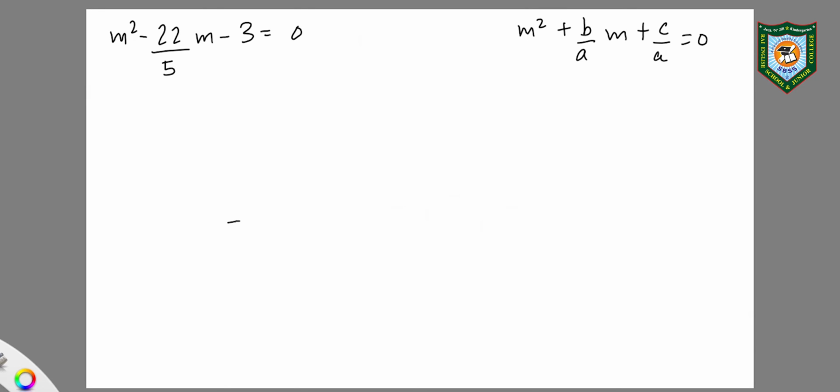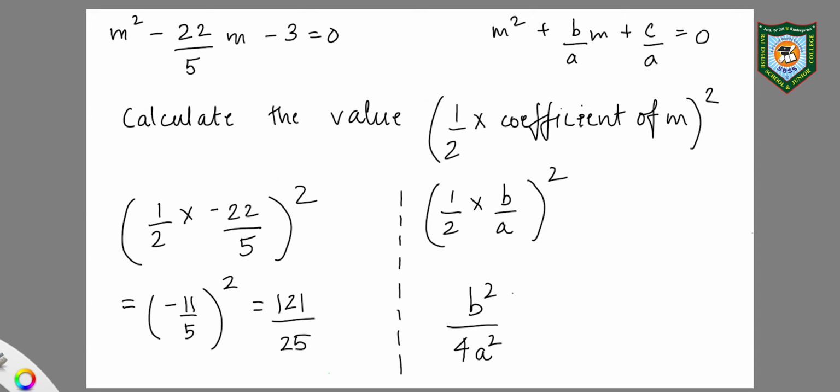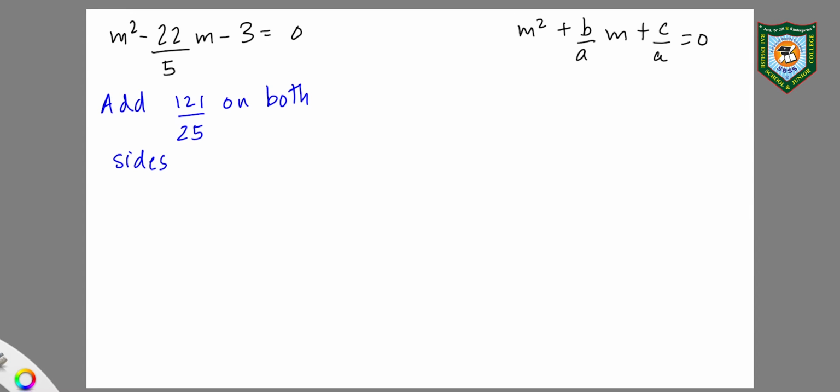Now on the left hand side I have to add 121 by 25 on both sides. The reason we are adding 121 by 25 on both sides is so that our current quadratic equation does not change. And on the right hand side, similarly, I'll add b square divided by 4a square on both sides.